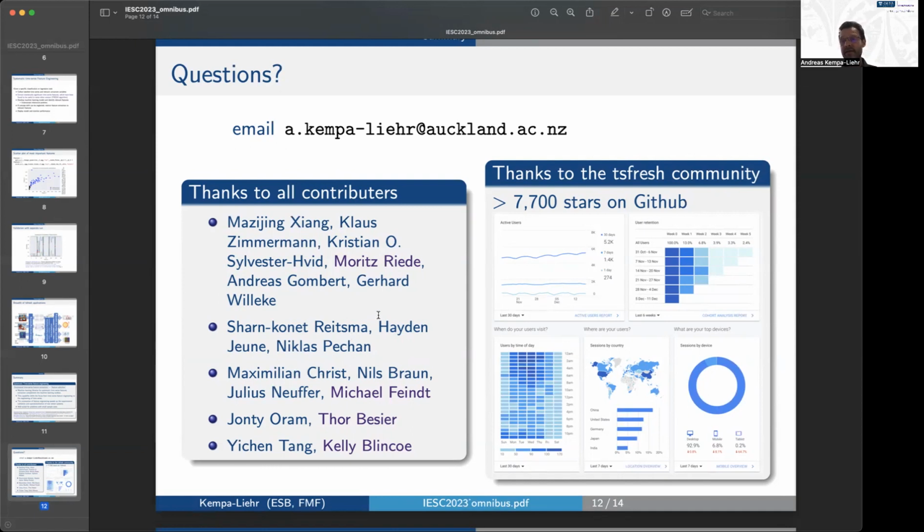And of course, there has been a huge community of TS-Fresh users who are using and contributing to the development of TS-Fresh. So many thanks to all of you. It's really great to be part of this huge community of time series machine learning enthusiasts.